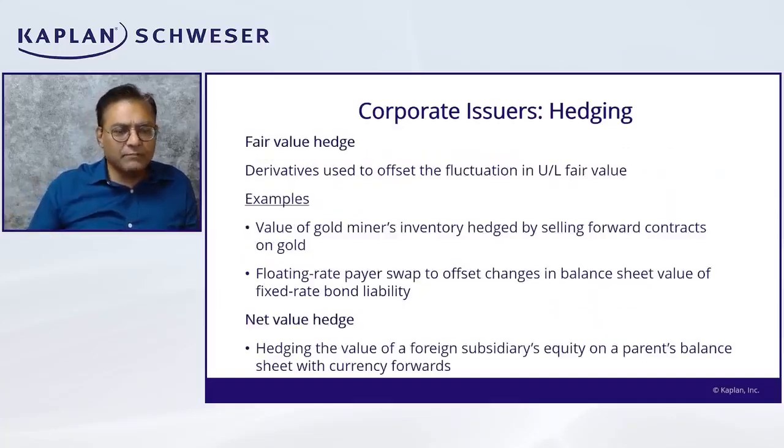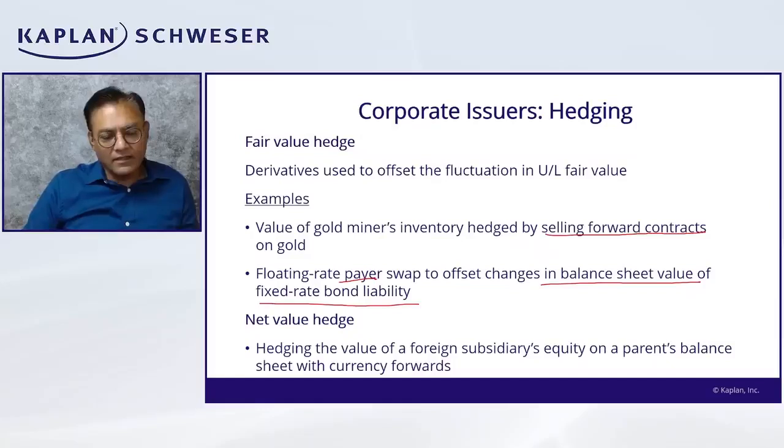A fair value hedge example is a gold miner, a corporation which mines gold, concerned about their inventory of gold. Well, they can lock in the value of that inventory by entering into a short position in a forward contract, so selling forward contracts. Another is a floating rate payer, entering into a swap as a floating rate payer, which is the same as a receiver position, receive fixed, when you are concerned about changes in value of a fixed rate bond liability.